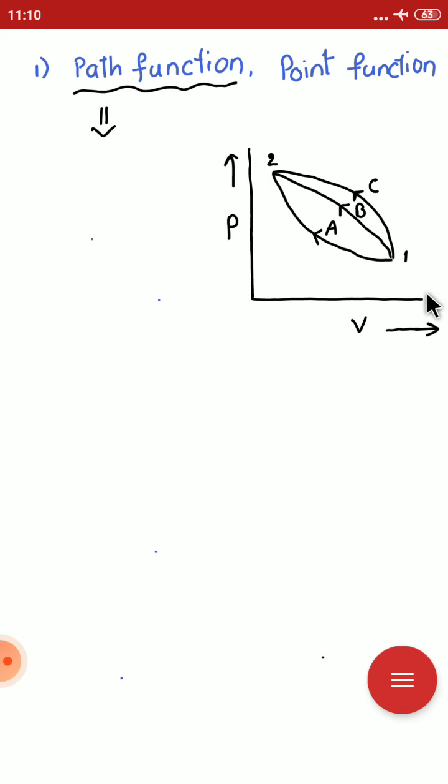In the PV diagram, by seeing this we can easily understand that for the same initial and final state of the system, the work done in all the processes is different.